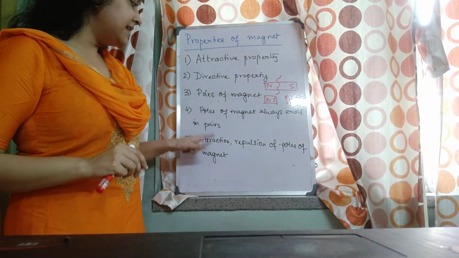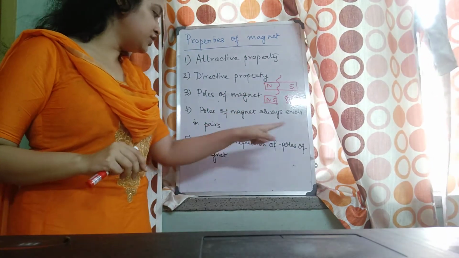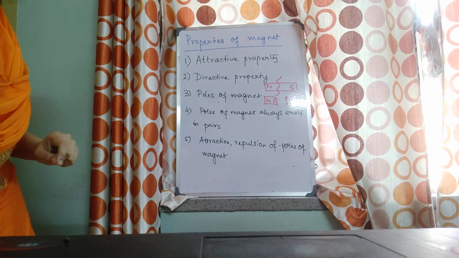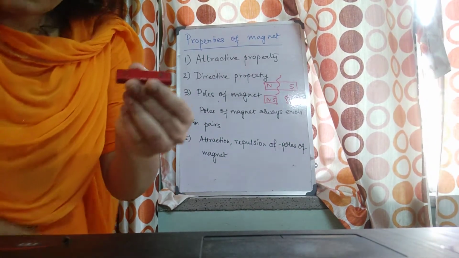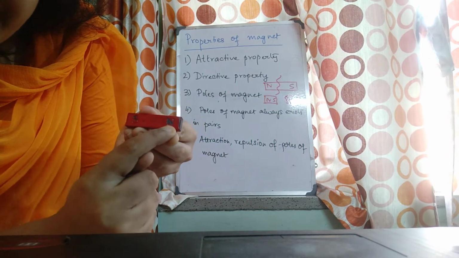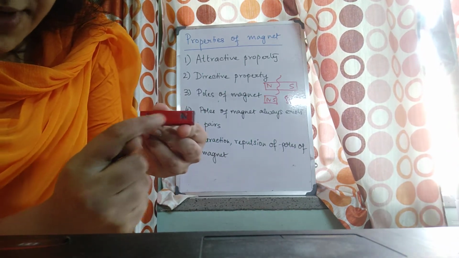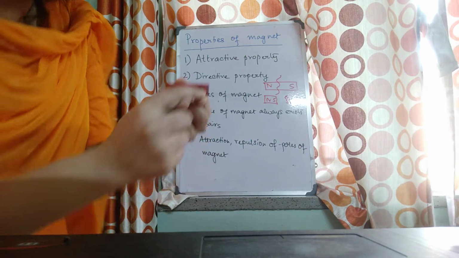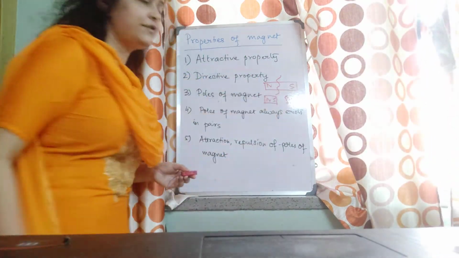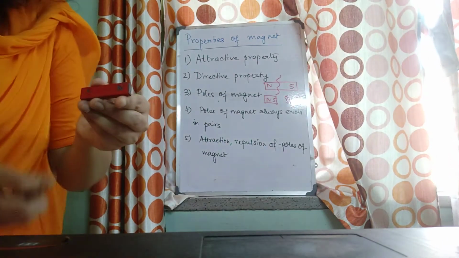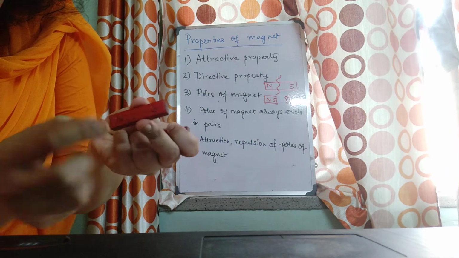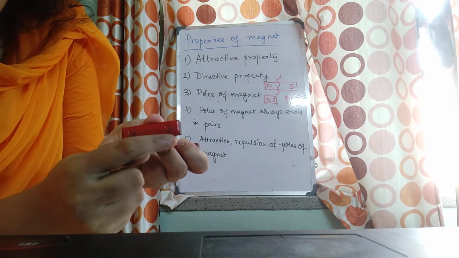Now, next is attraction and repulsion of the poles of a magnet. So I have got this bar magnet, north pole written over here, south pole written over here. Capital N stands for north pole, capital S stands for south pole of a magnet. You will notice again this magnet has north pole, south pole written over here.